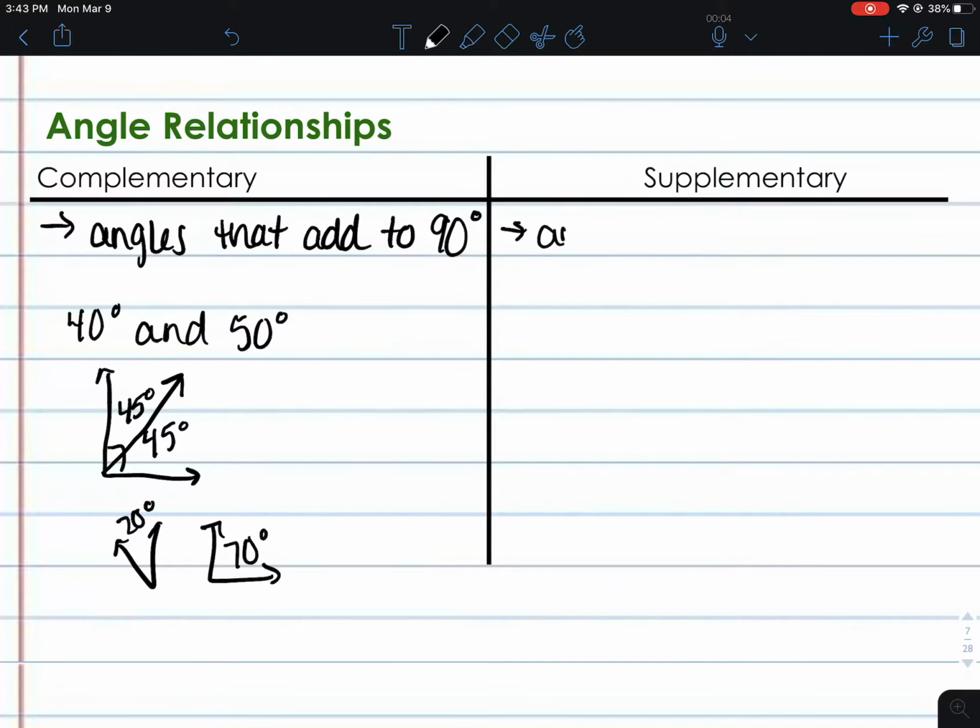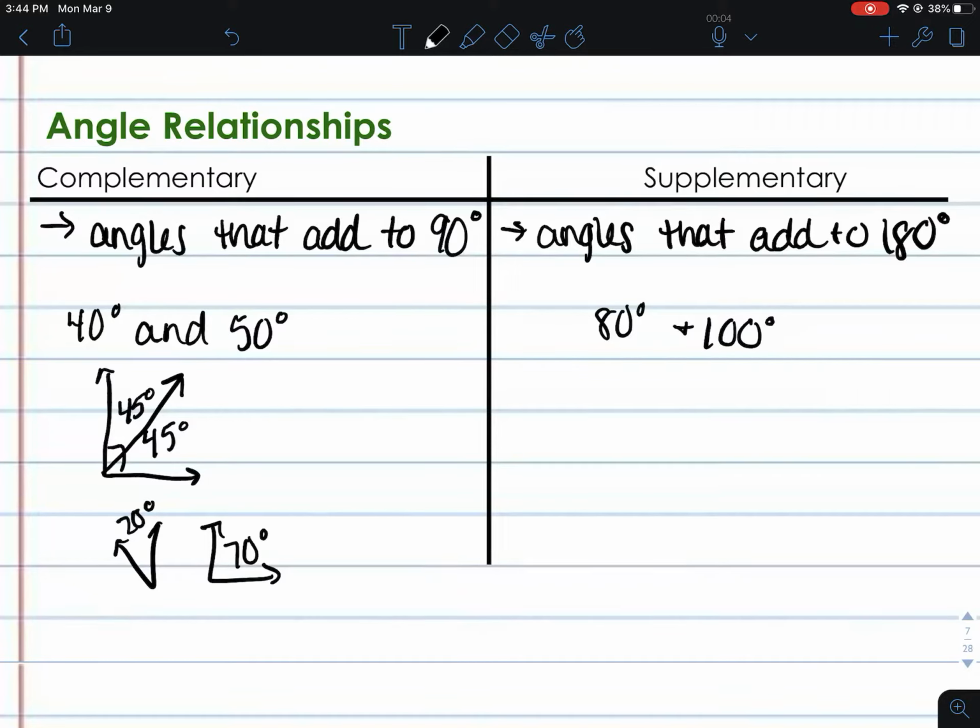Supplementary are angles that add to 180. So supplementary angles would be when you connect them together, they create a straight line. So angles like 80 and 100, they would be supplementary. 20 and 160. And remember, 180 degrees makes a straight line.